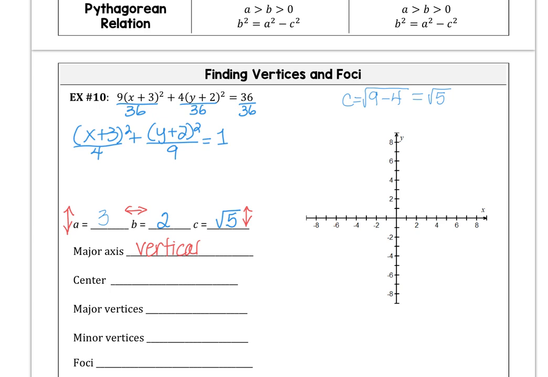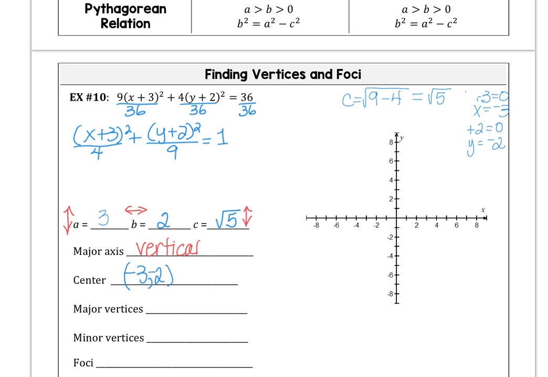H and K. H belongs with the x. So if x plus 3 is 0, our x is negative 3. And K belongs with the y. If y plus 2 is 0, our y is negative 2. That puts the center at (-3, -2).